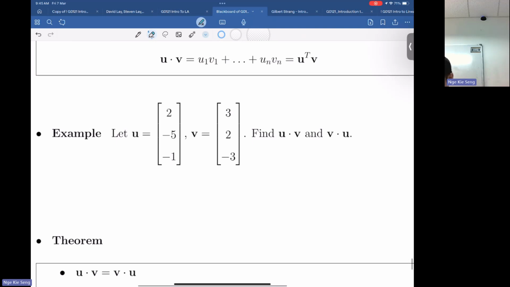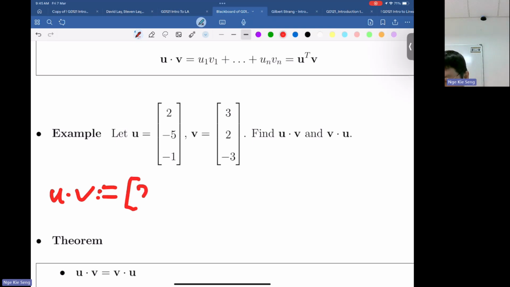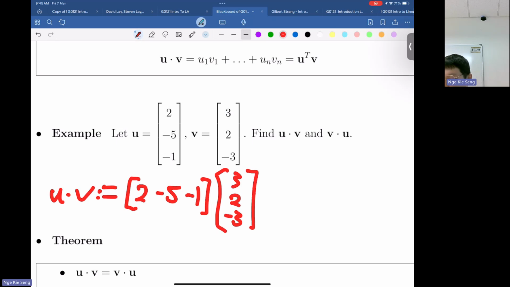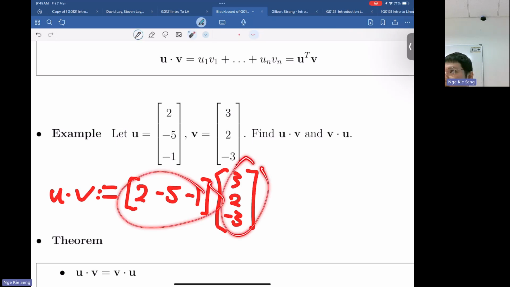Okay, let's try this. Let me do u dot v first, and then I'll let you do v dot u quickly. If I'm going to do u dot v, I transpose the first one first, and then do matrix multiplication with the second. So this is just one row times one column here.